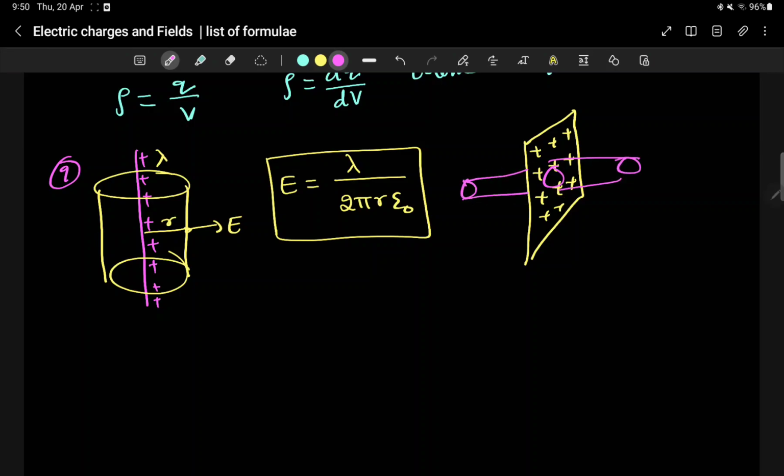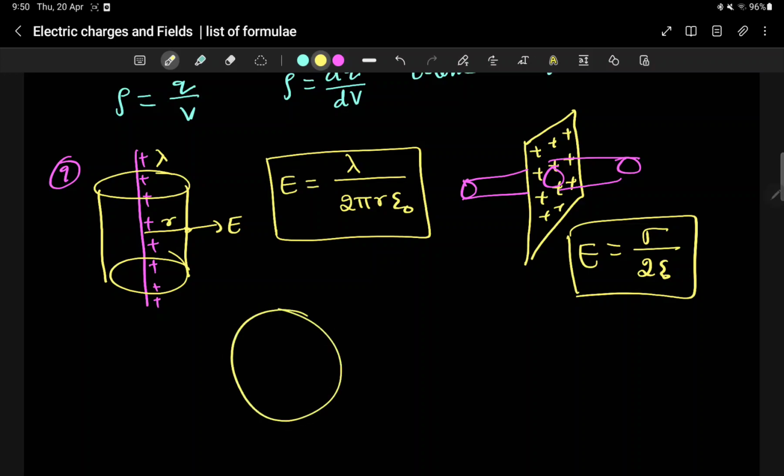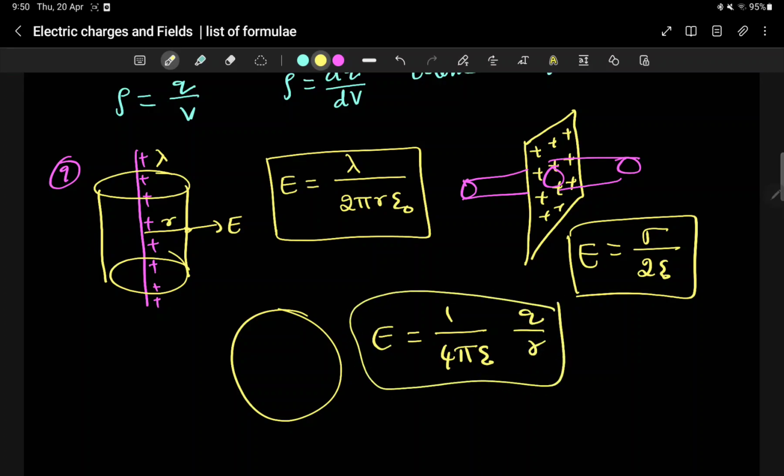Like this, I have drawn one diagram and found the expression for electric field, that is given by E is equal to, in vector form or scalar form, you can write sigma by 2 epsilon naught. And due to a uniformly charged thin spherical shell, you will get E is equal to 1 over 4 pi epsilon naught q by r square. This formula also you will get.